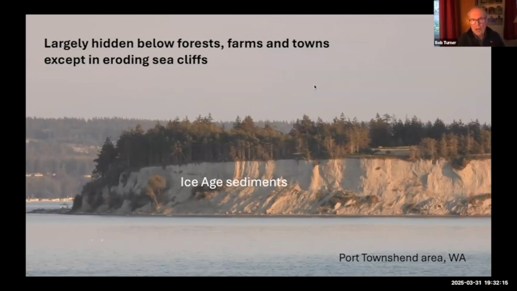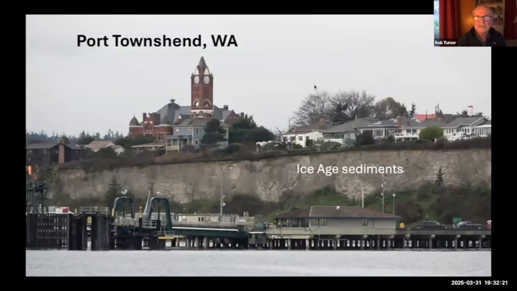This is a view just south from the ferry heading to Port Townsend. And then this is just coming into Port Townsend, Washington. At the ferry terminal, you can see a thick layer of ice age sediments in behind the shore with the whole town built on top of it.